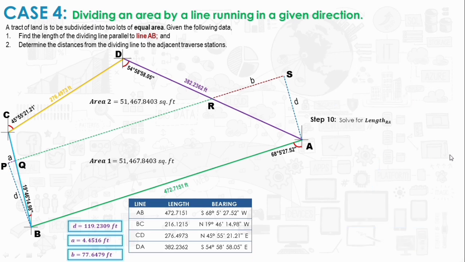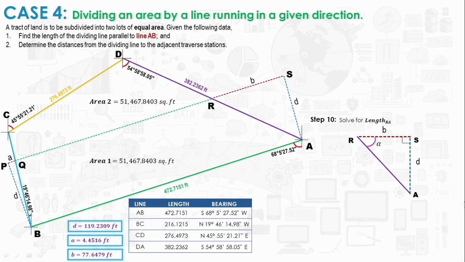Step 10. Solve na natin si length RA. Paano natin ma-solve si length RA? So, again, considering triangle RSA, makukuha natin yung length ni RA using the Pythagorean theorem since right triangle man ito.